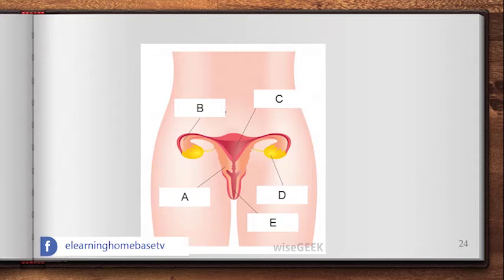So I want you to write the letters down. A, B, C, D, and E. Now, give the names of each of the following parts you've written down.